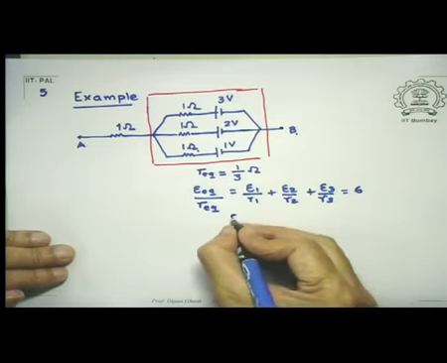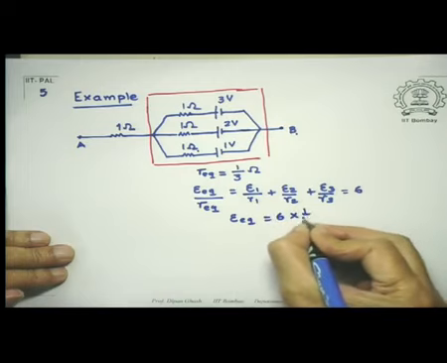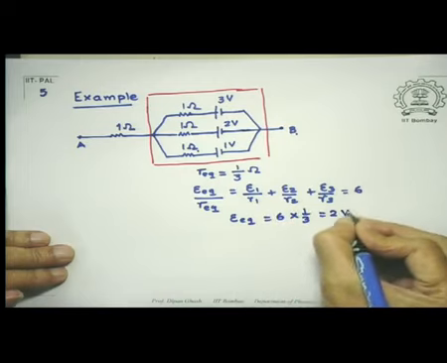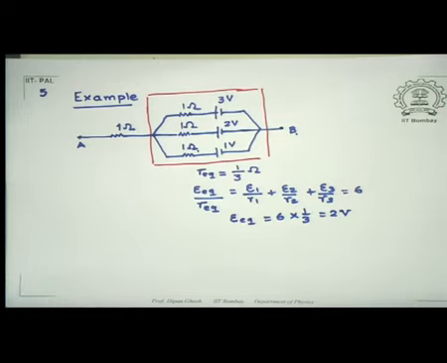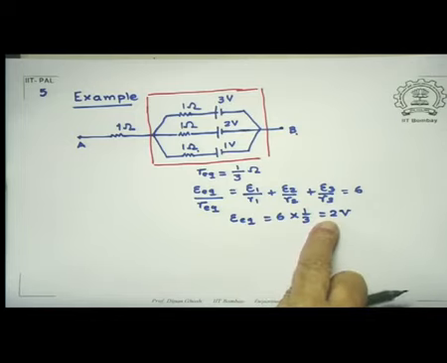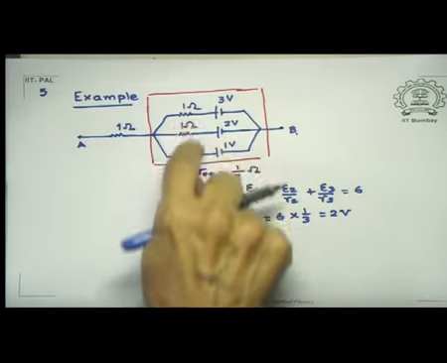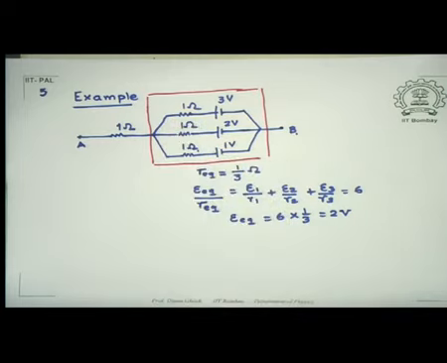So that tells me EEQ is 6 into 1 by 3, which is equal to 2 volts. So what we are saying is that this combination you can replace with a single battery of 2 volts having an internal resistance which is 1/3 of what each one of them had.